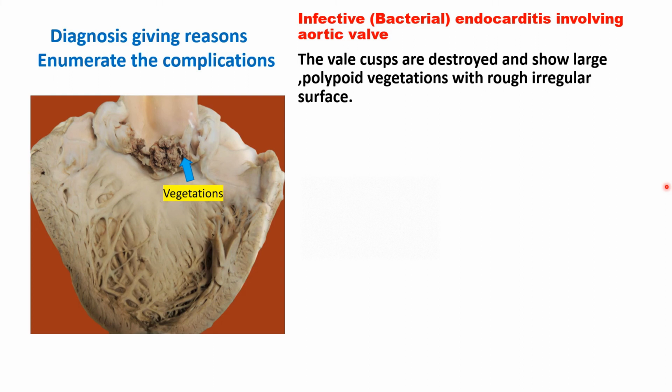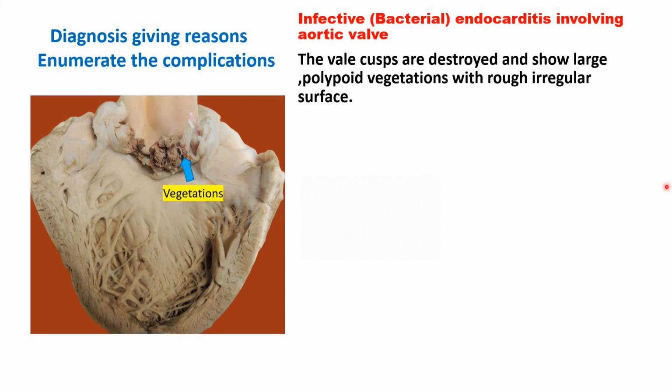So there may be questions on the vegetations of the heart also. There are some types like this: infective endocarditis vegetations are polypoidal, large, friable, etc. Rheumatic ones are on the margins of the valve cusp and they are small, firm.